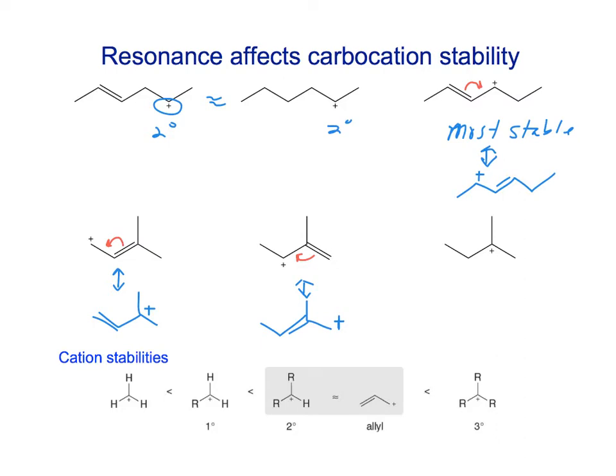Question? In the past we've seen hydrogen shifts to promote the stability of a carbocation. Is it possible to have a hydrogen shift to ensure that a carbocation is in an allylic position, or no?